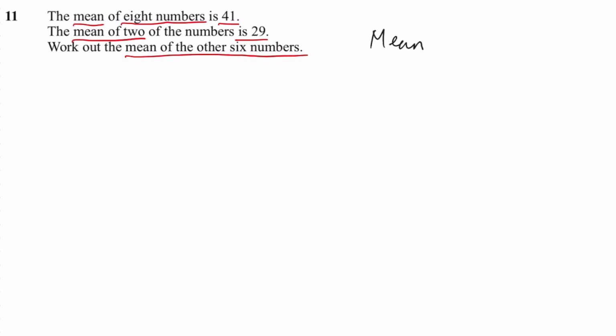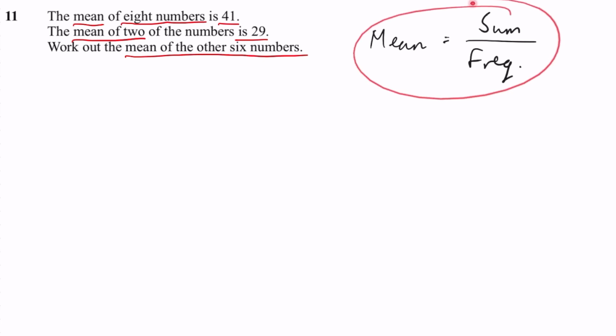Now, remember that the mean is equal to the sum divided by the frequency, so the number of items I have. I might have mentioned this before, I might have done. Understanding this as a formula is going to be really useful for this kind of question. So what I'm going to do first is start substituting in some of the information I have in the question into this relationship.